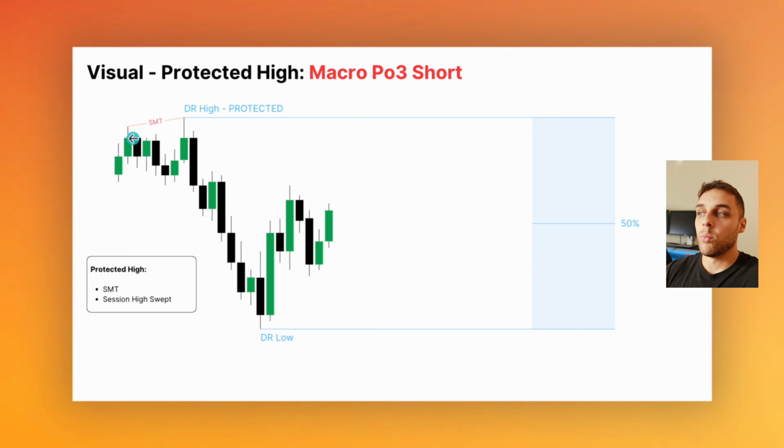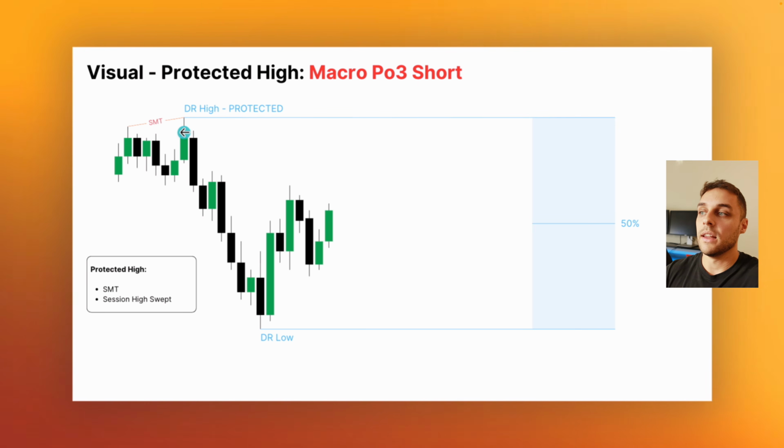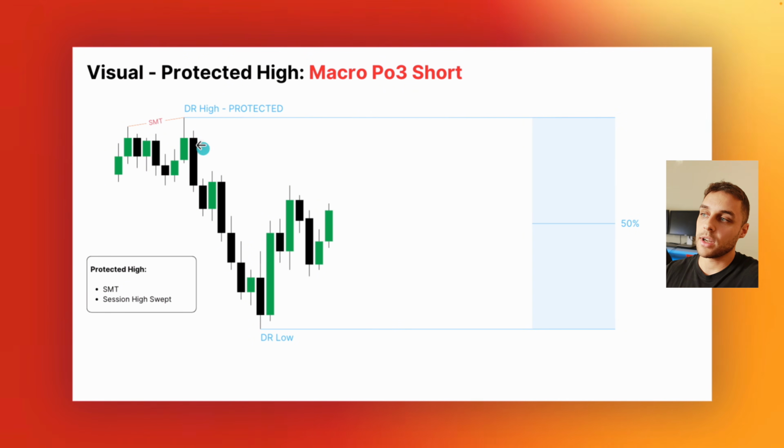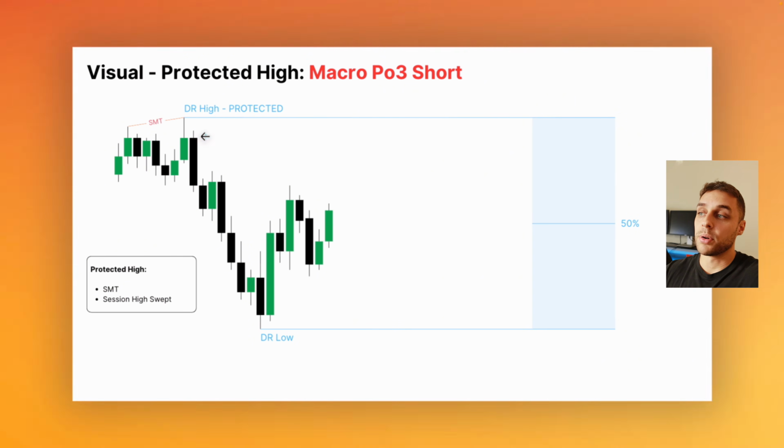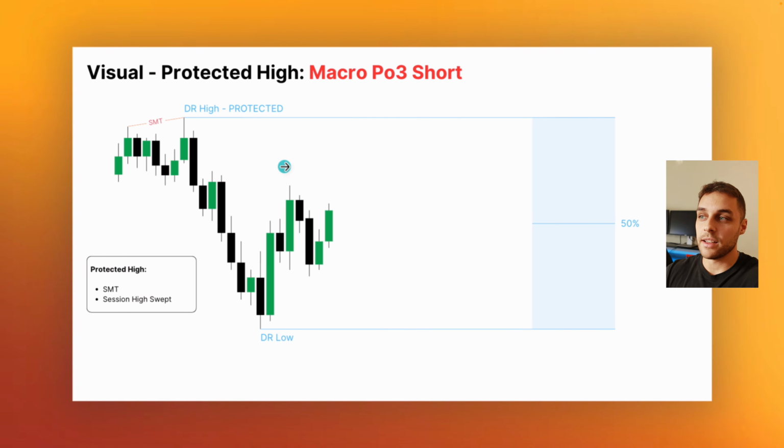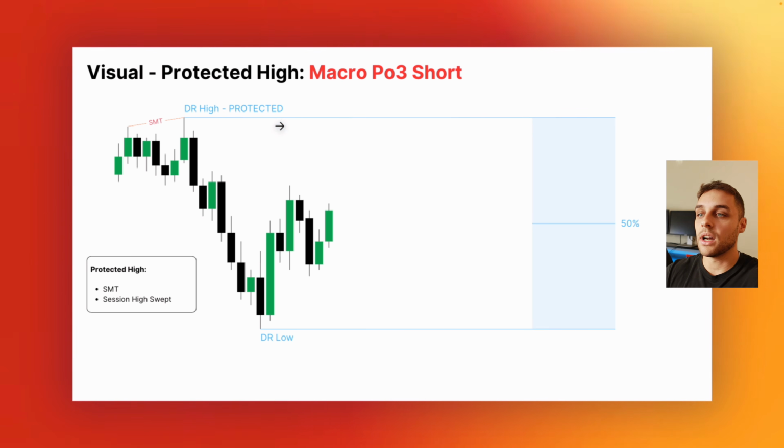So when we see an SMT, when we see a significant high swept, and then we see displacement lower, that should catch our eye, and we should look at this high and say, okay, it's pretty likely that that is protected. In other words, it's unlikely that price is going to return there, but we still need to understand why price should continue lower.